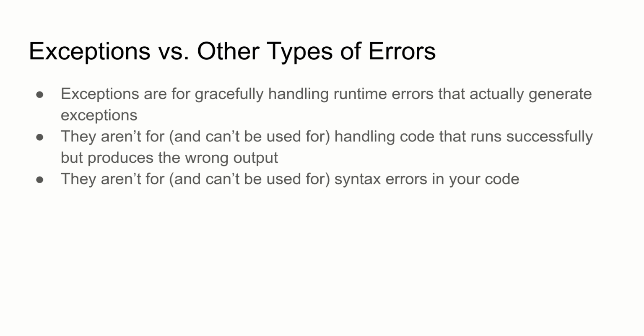And they're also not for handling code that runs without exceptions being generated but produces the wrong output. Say your program doesn't quite give you the full string that you expected it to. Well, exceptions won't come up from that. You'll just get the string and it'll be missing the period at the end of the sentence or whatever.